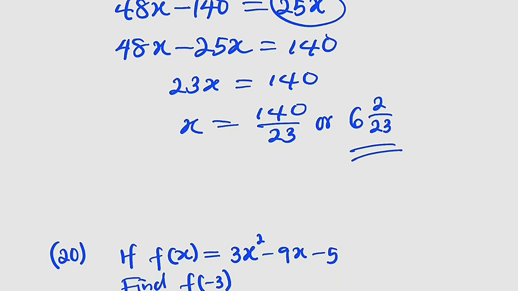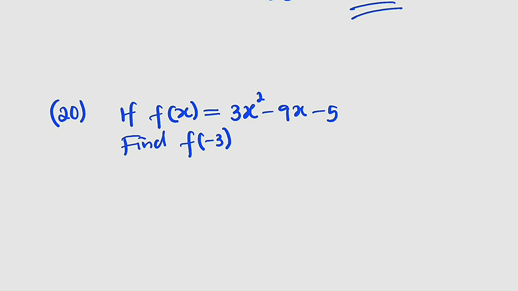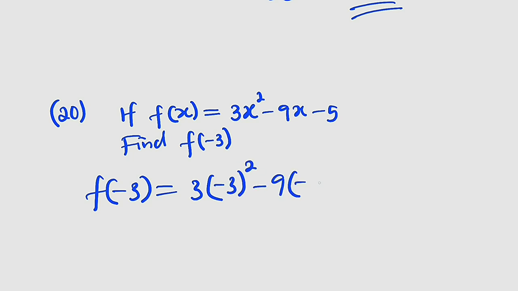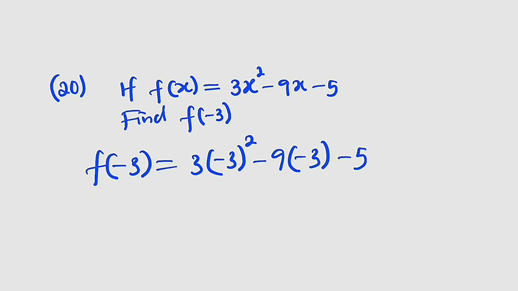Let us move on to question number 20. Question number 20, you are given a function here, which is 3x squared minus 9x minus 5. And we're asked to find f of negative 3. So wherever we have x, we are going to replace it with negative 3. Therefore, f of negative 3 will be equal to 3 multiplied by negative 3 instead of x whole squared minus 9 multiplied by negative 3, then minus 5.